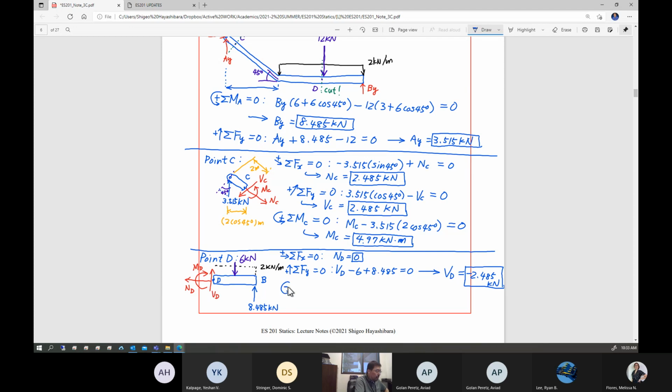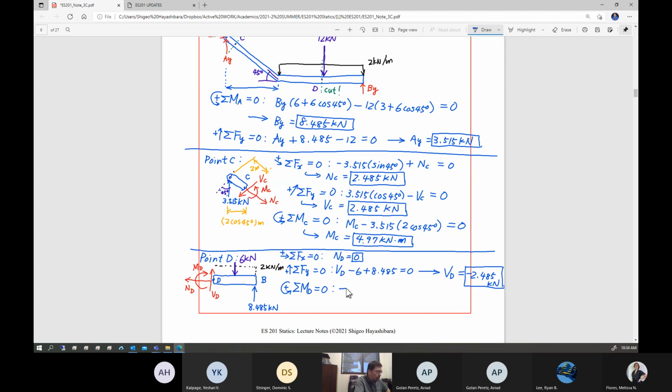Then if you apply the sum of the moment at location D, set equal to 0, obviously the moment is negative, isn't it?